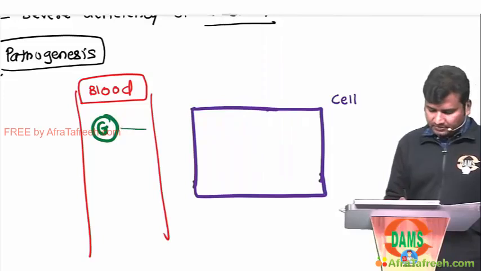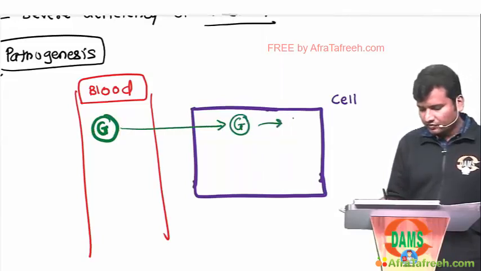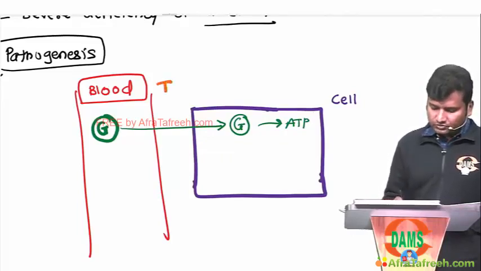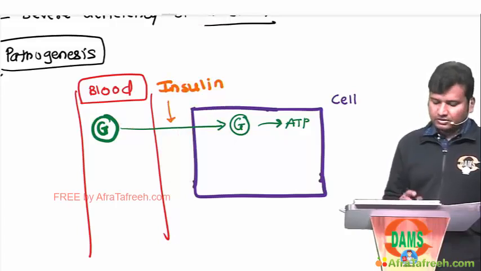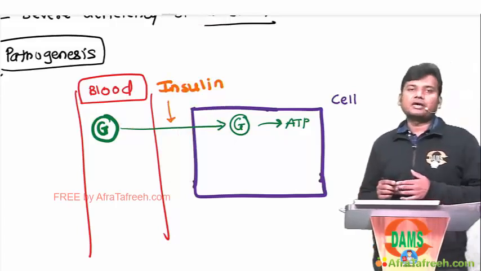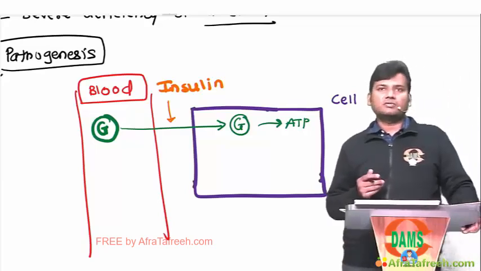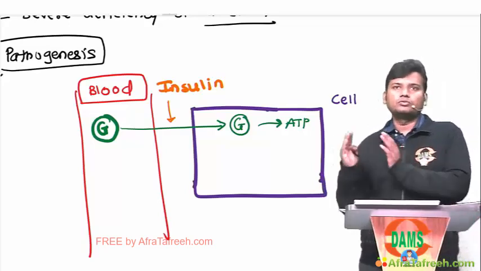Glucose in blood can enter the cell, and the cell will utilize the glucose for production of ATP, that is energy. But this transfer of glucose from blood to cell requires insulin. Insulin is required for transfer of glucose from blood to cell.